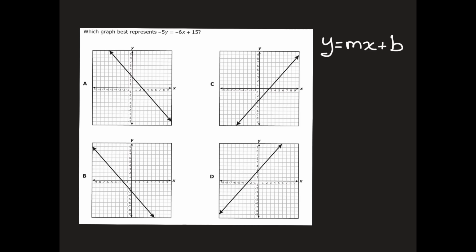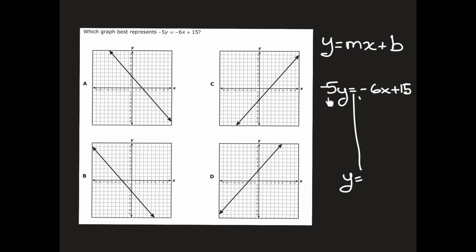To change our equation, negative 5y equals negative 6x plus 15, so it would look like the equation y equals mx plus b, we need to leave the variable y alone and cancel the number negative 5.